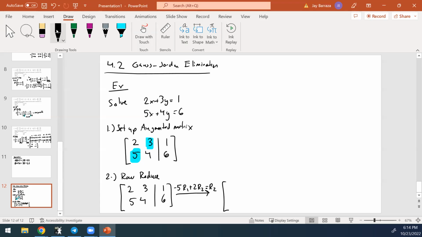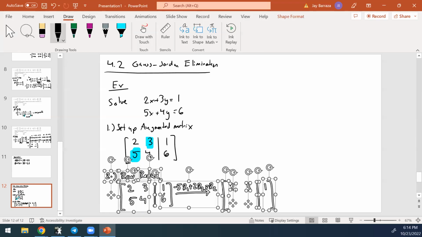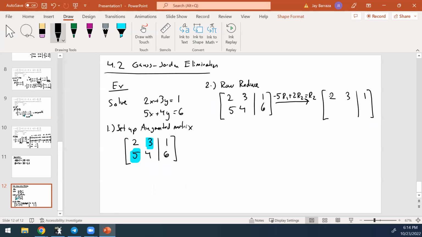Since I'm not changing my first row, that's not the one I'm actually trying to change, I write it like this. And in fact, I'm going to move it up here so that it can flow a little bit better. We'll put it right here.